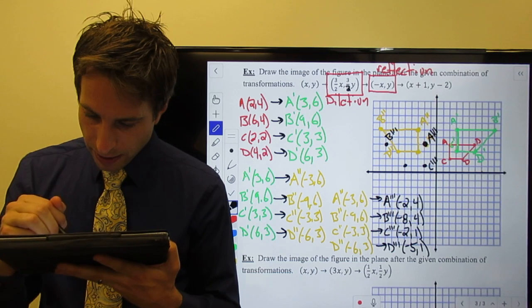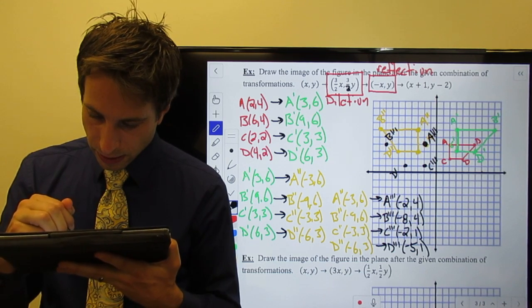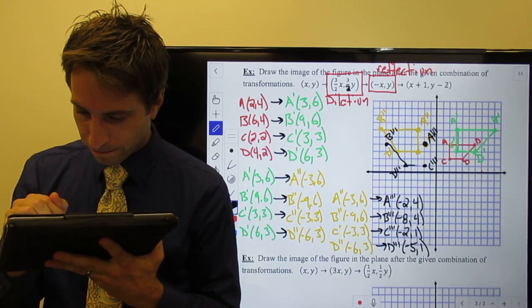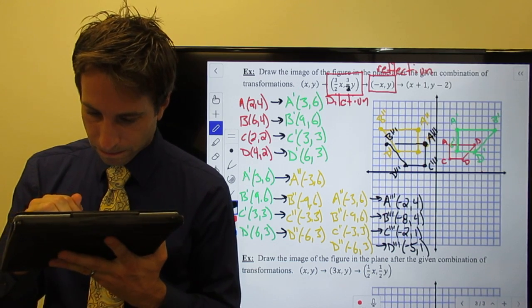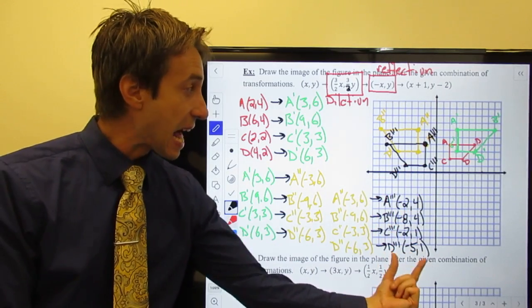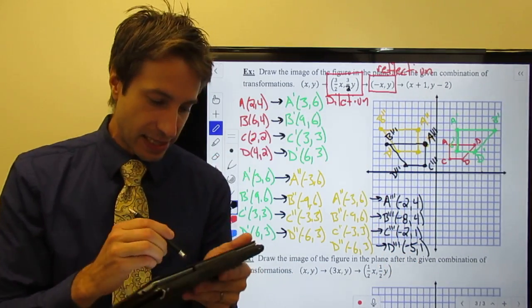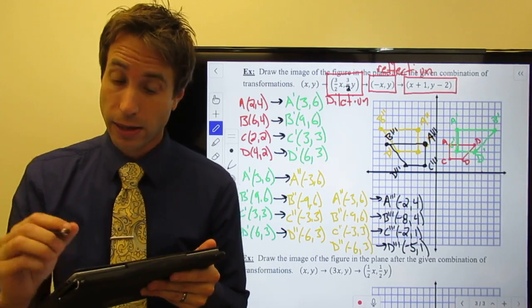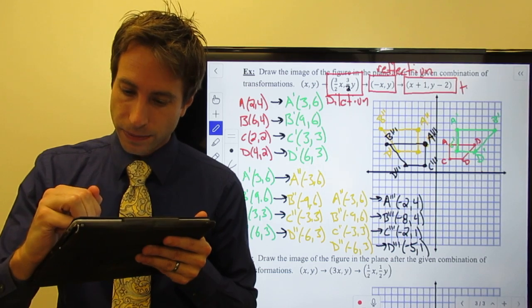Negative 5 right there. D triple prime. Perfect. Fantastic. There we go. That is my last transformation. It's this guy right here. Do you recognize it? Do you see what it is? It's a translation.